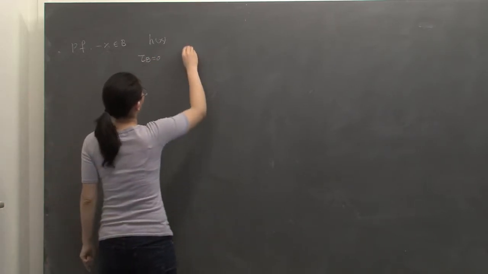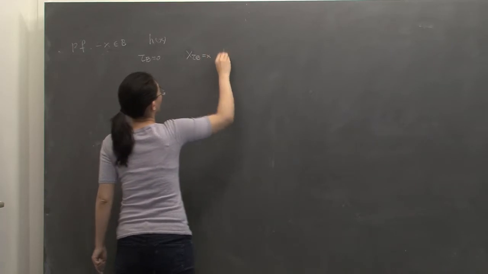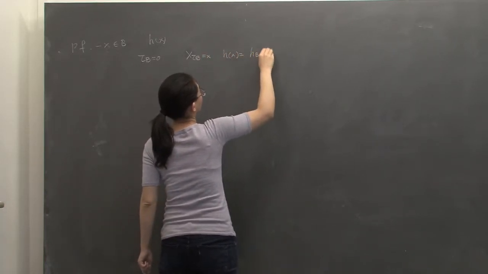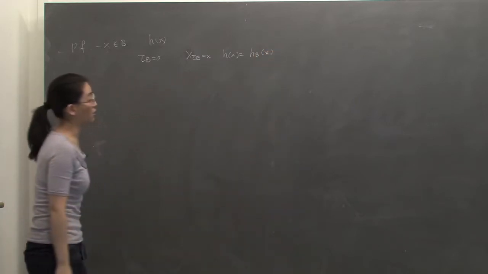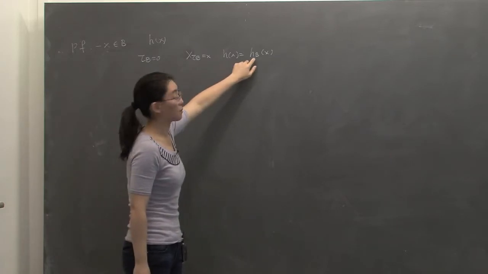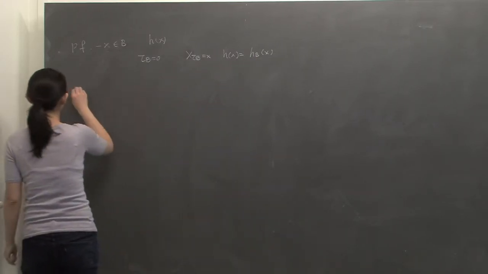And of course, X tau B equals x, and so hx is exactly HB of x. So by definition of this h, we know that it coincides with HB on the set B. So this is the proof of the first argument.